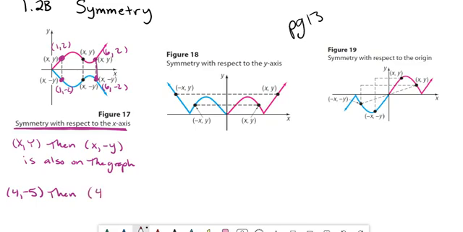So that would mean 4 comma negative 5, but then we had the negative from the 5, so we would convert that to be 4 comma positive 5 is also on the graph.